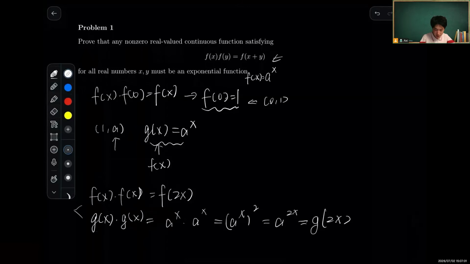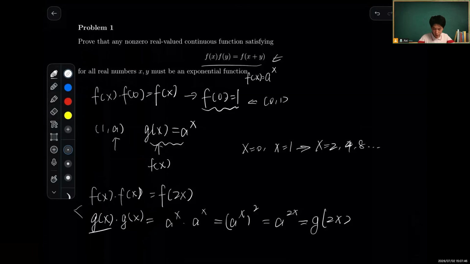So the same identity holds for both functions. That means if we extend from x equals 0 and x equals 1, we can obtain x equals 2, 4, 8, etc. And all these points also lie on g(x) because they have the same identity.